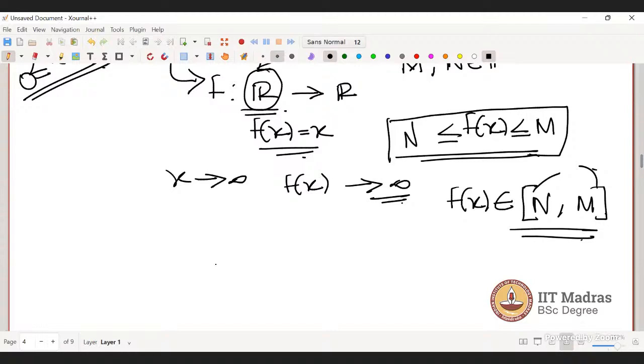Here both infinity values are there, and infinity you cannot take, right? You have some finite value n and some finite value m, and the value range of the function should be in between n and m. Infinity is not a finite value, right?